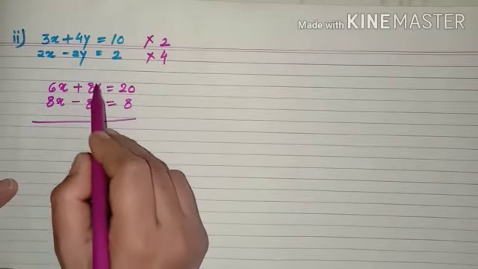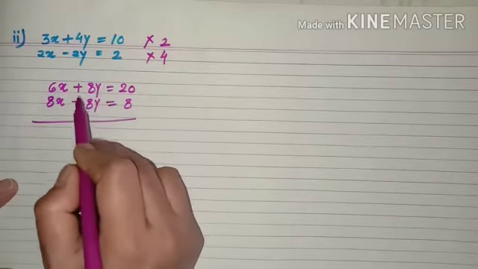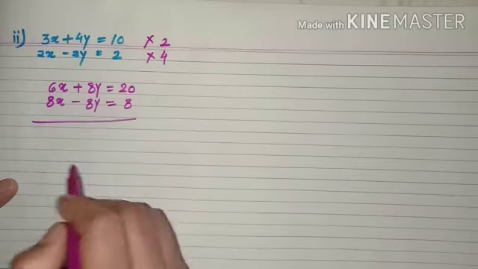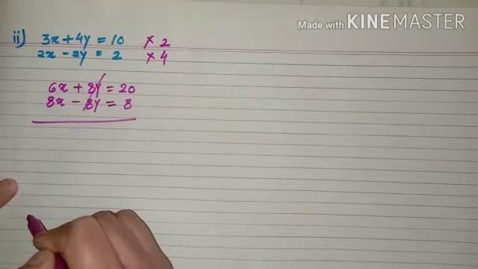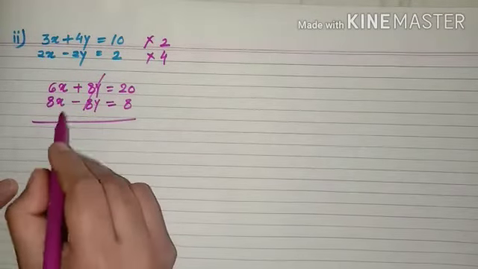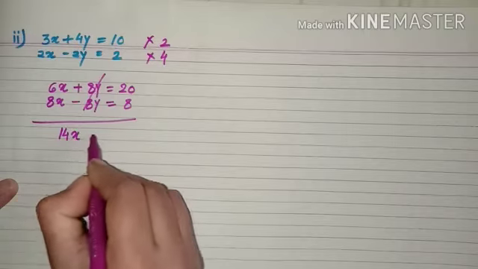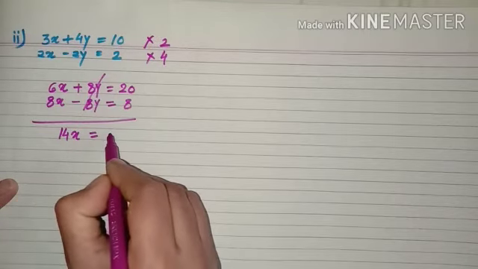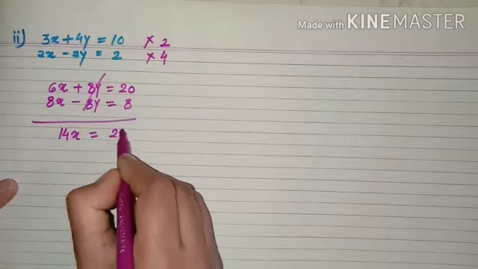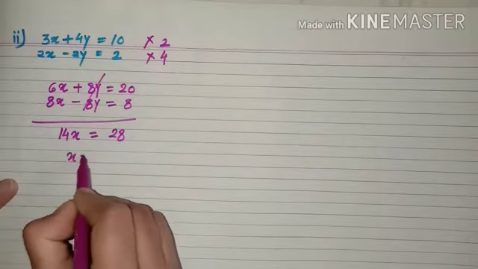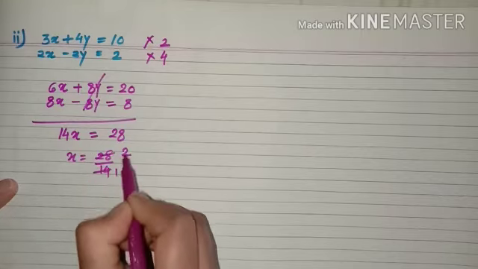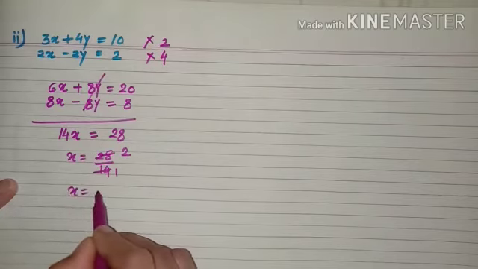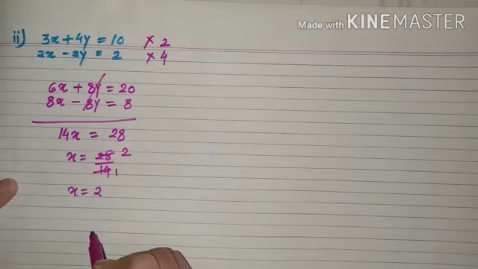When you add, plus 8y cancels with minus 8y, and you get 14x equals 28. x equals 28 upon 14, 2 14s are 28. So the value of x is 2.